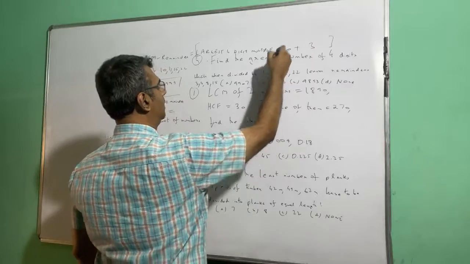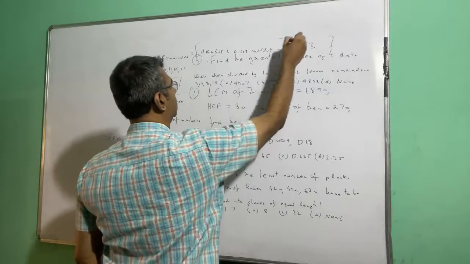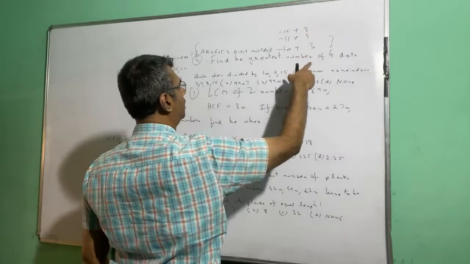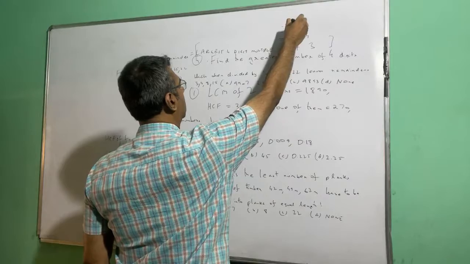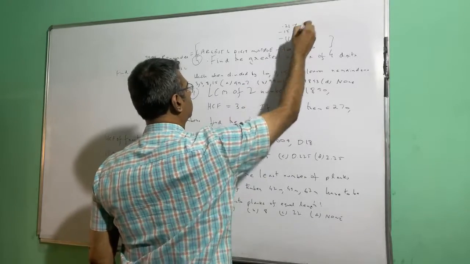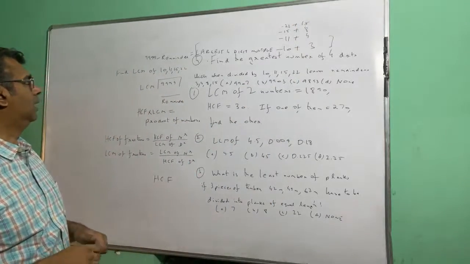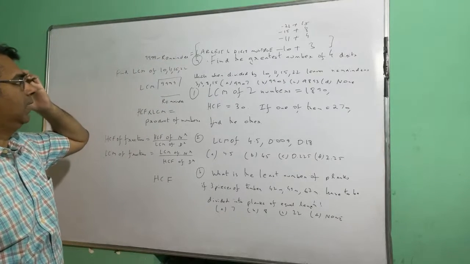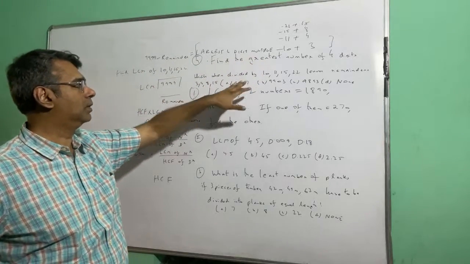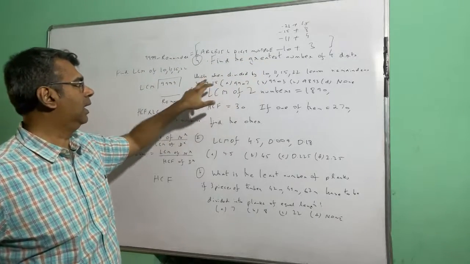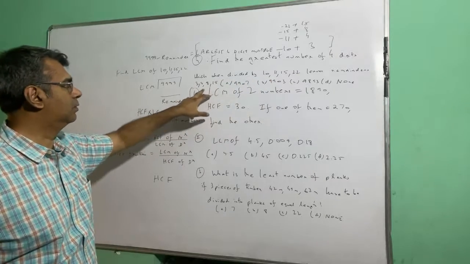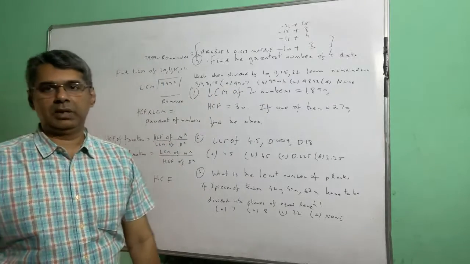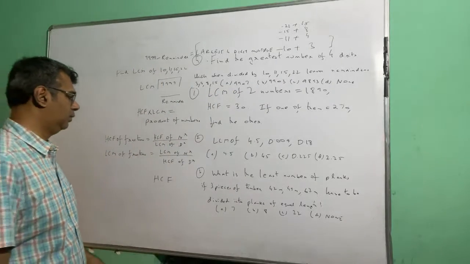Or you can subtract 11 and add 4, or subtract 15 and add 8, or subtract 22 and add 15. So just remember: find 9999 minus the remainder, which gives the largest 4-digit multiple of these four numbers. From that you subtract 10 and add 3, or subtract 11 and add 4, or subtract 15 and add 8, or subtract 22 and add 15. That will give you the answer. So this is how you have to do question number 4.